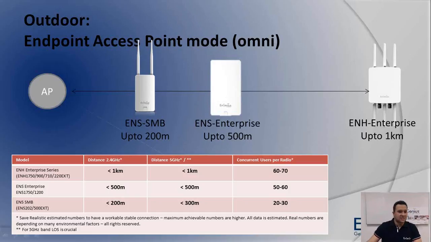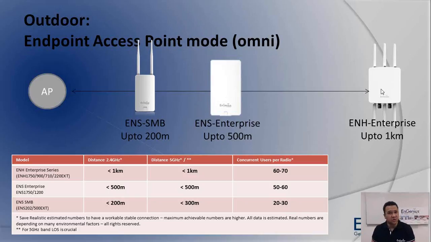On the right, I want to point to this picture here, we have our ENH Enterprise model. We have a few models here. We have the ENH1750, the 900, 710. All the models share the same platform with high capacity mainboard to cater for high throughput and many concurrent users.